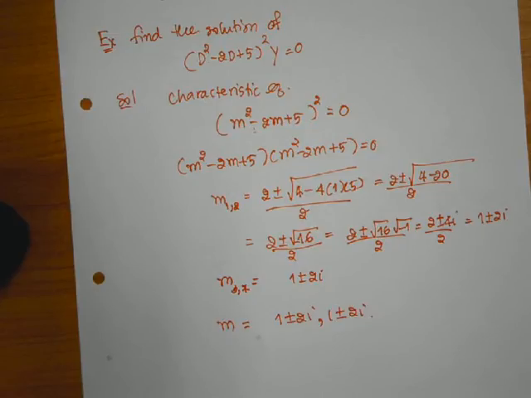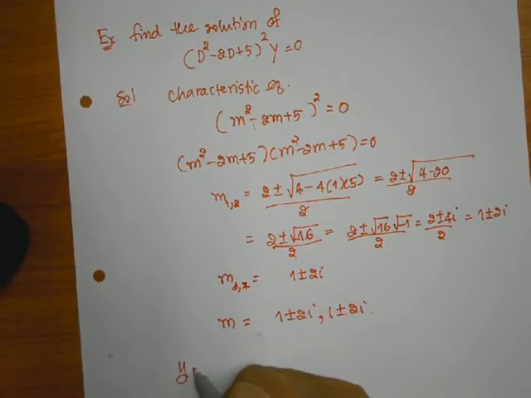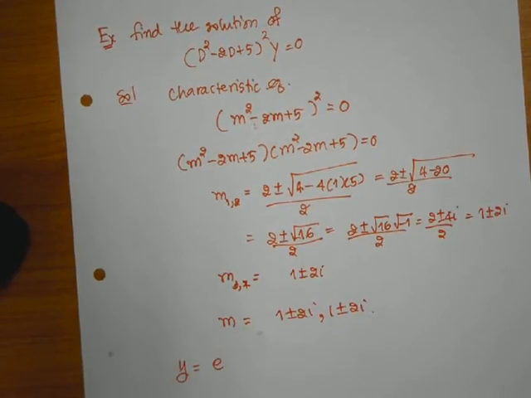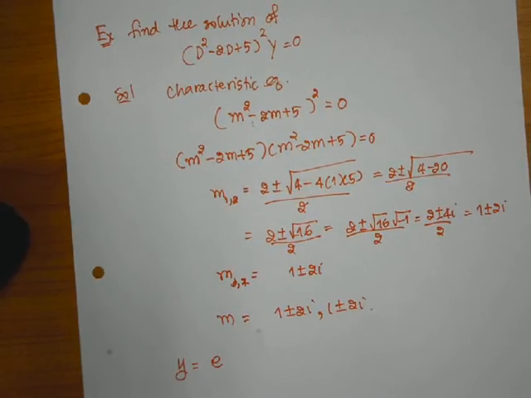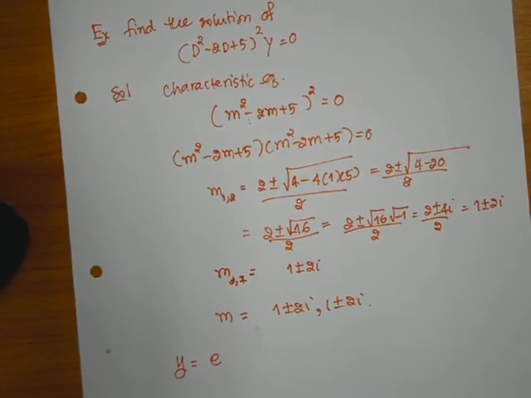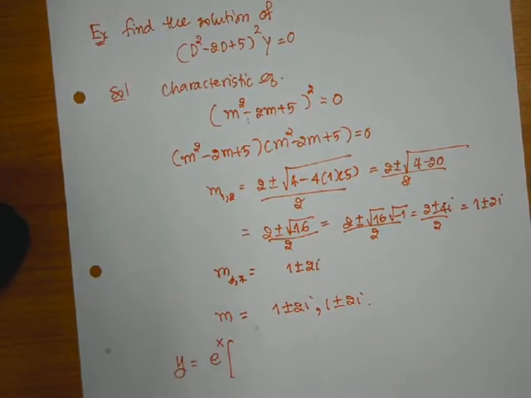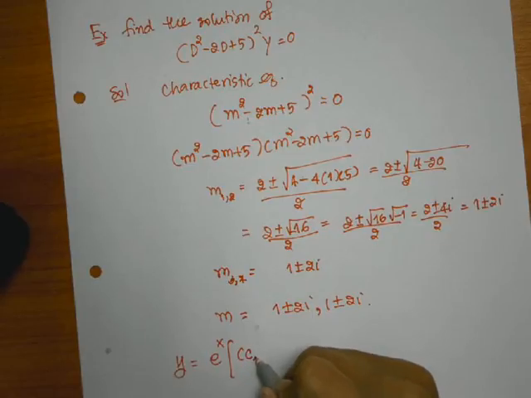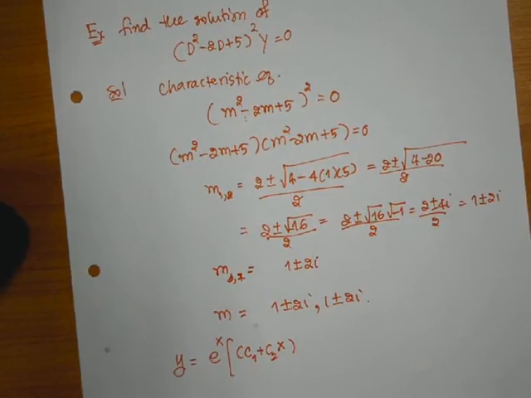K is equal to 2. Now, y is equal to exponential of, what is the real part of this complex number? a equal to 1, right? And then you go by C1 plus C2x, right? Because your k is equal to 2, k minus 1 equal to 1.